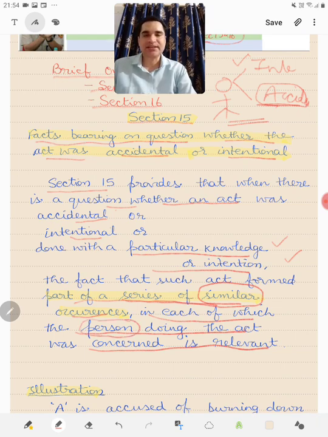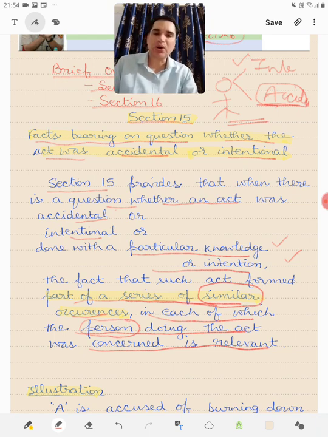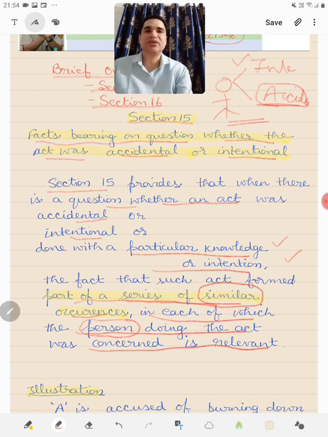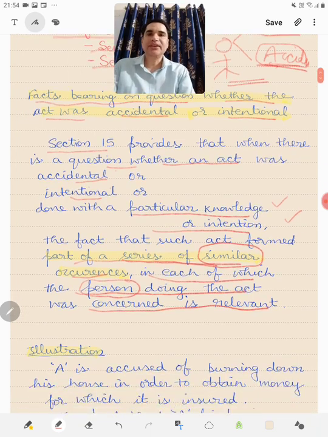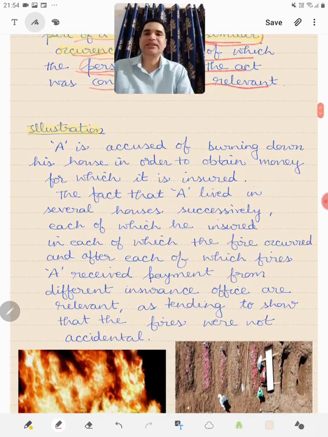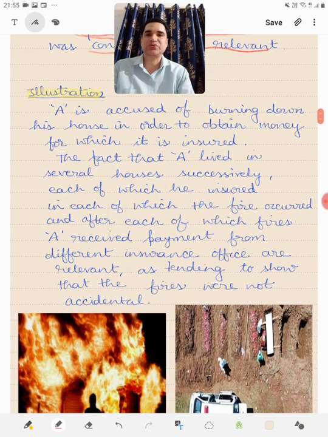That would cast an apprehension in the mind, as an accident can occur once, an accident can occur twice, but an accident cannot occur at all times. So if a thing is taking place every time, we can infer that maybe that act was intentional and not accidental. We can understand it much better through the illustration attached to it.